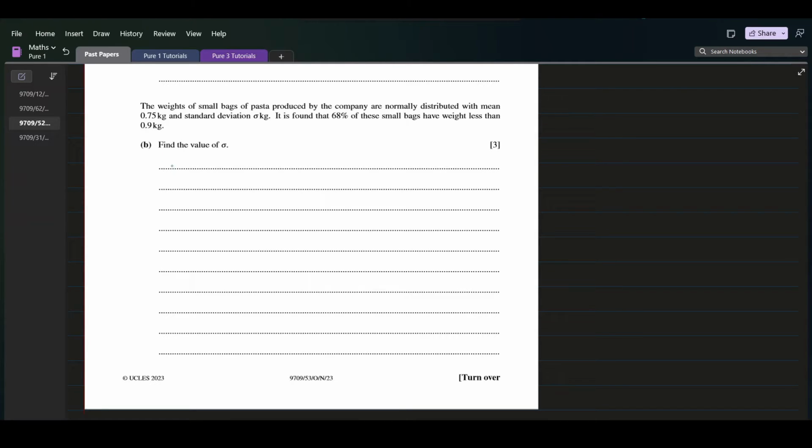Okay, so again, our random variable is the weight in kg of, this is now small bags of pasta, and we are given that this is normally distributed, so Y follows a normal distribution with mean 0.75 kgs, and we're given that the standard deviation is sigma.